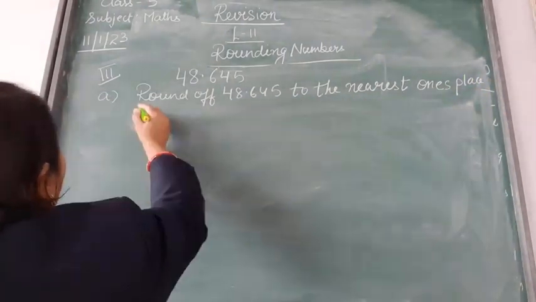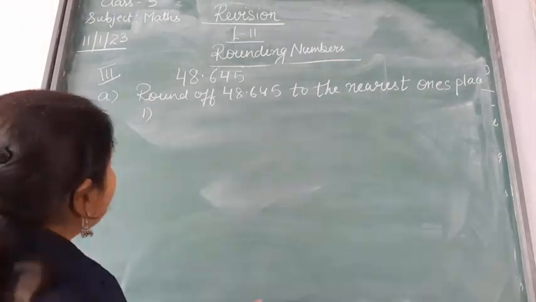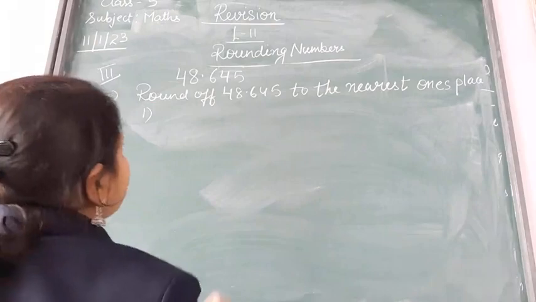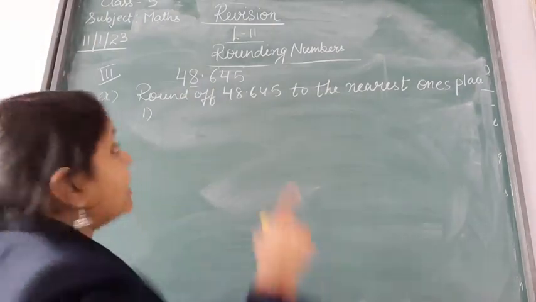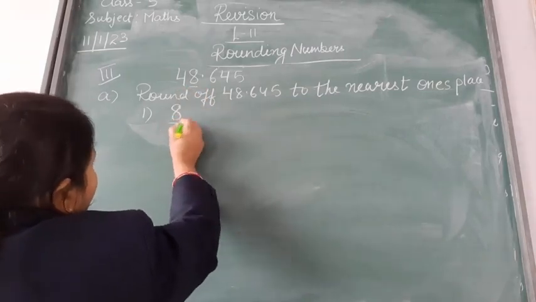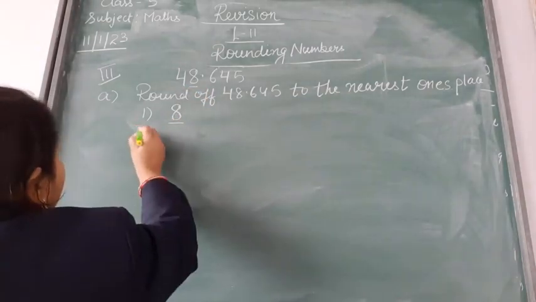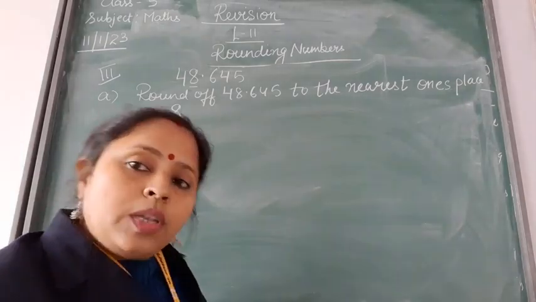So now what will be our first step? The first step is to check the digit at the rounding off place, and the rounding off place is ones place, and the digit at the ones place is 8. Okay, so we will underline this digit. In the second step, we will follow the same step as we have done in the rounding off of the whole number.